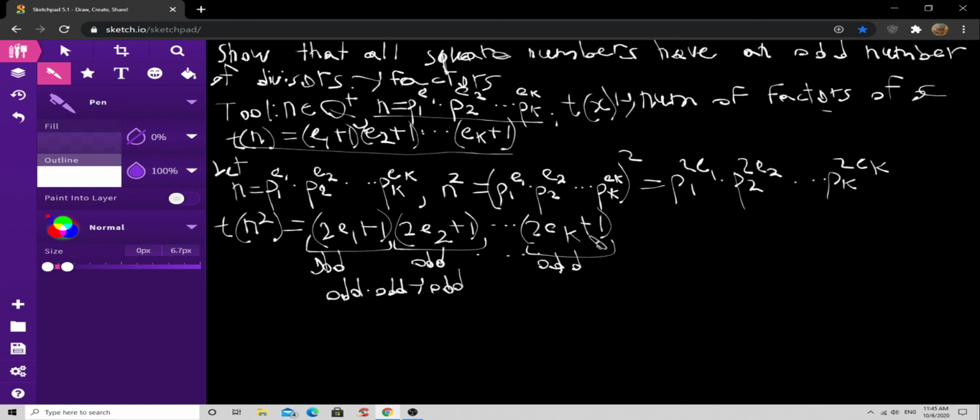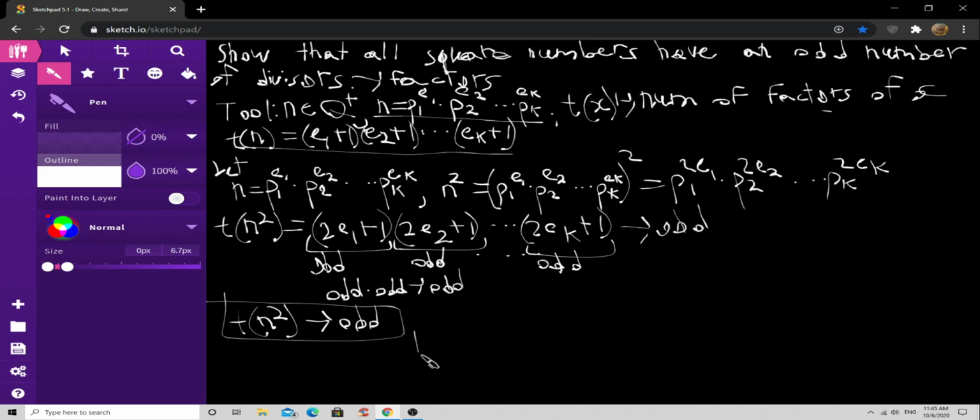So, as a result, any odd numbers multiplied by each other will just result in an odd number. As a result, t of n squared is just odd. There's our proof. Hopefully enjoyed, and have a nice day.